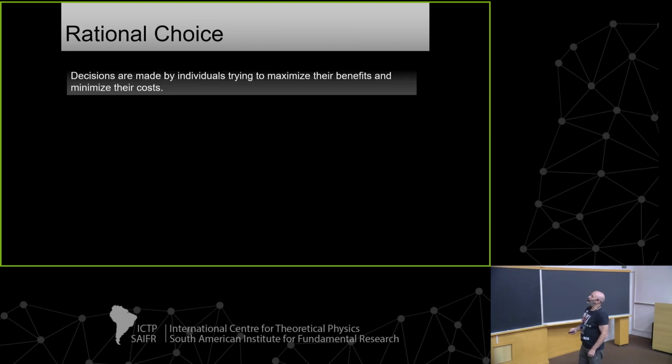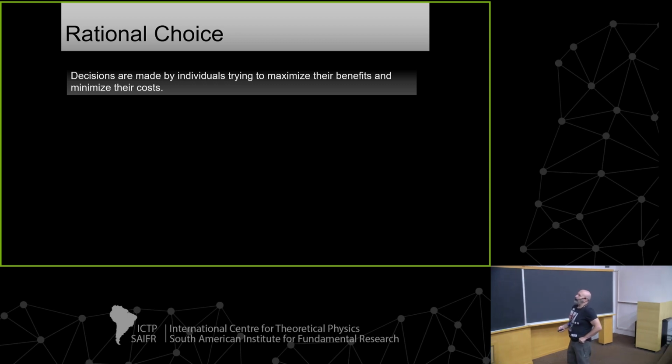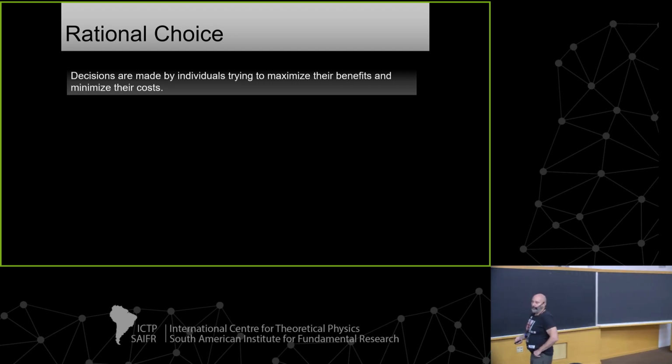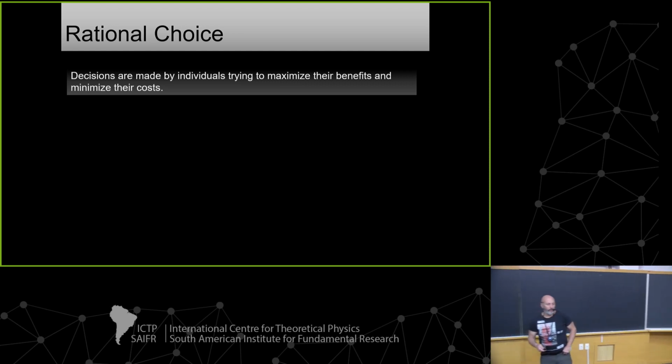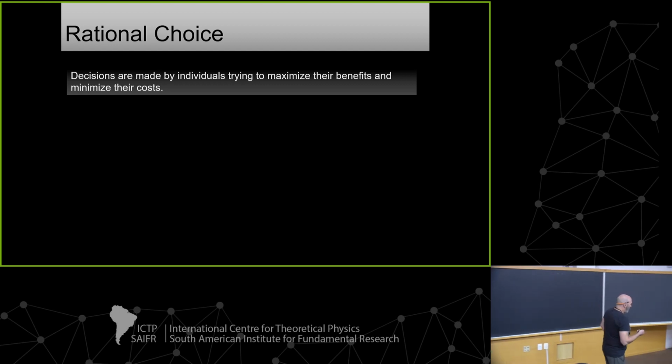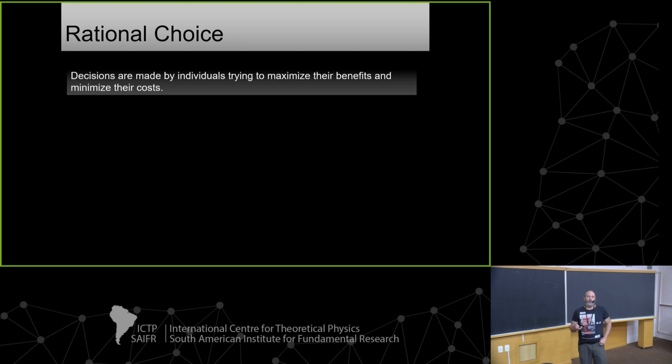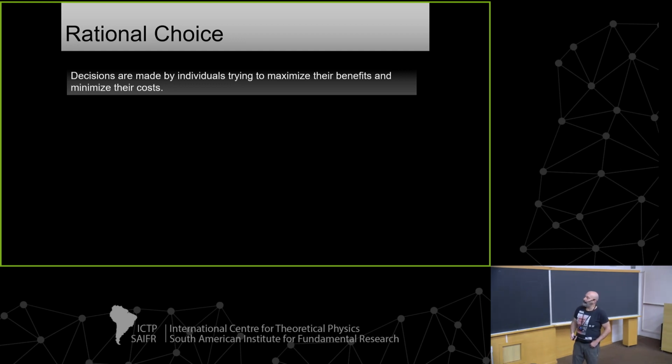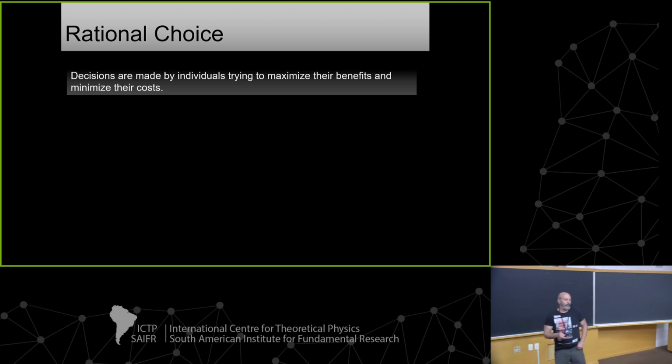Okay, so let's talk about rational choice. This is a very important concept in game theory and in decision theory, the idea of rationality. Because we assume that the behavior of any of the individuals is rational, and I will define what is rational. So decisions are made by individuals that try to maximize their benefits and minimize the cost.